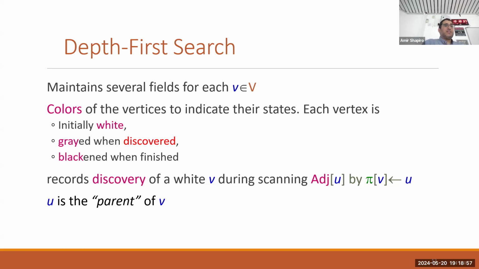Each vertex at the beginning is white. When it is discovered, when we first look at it, it is gray. And when we finish processing it, it is black. So it will be white when we haven't seen it yet, gray when we saw it, and black when we finish processing it.